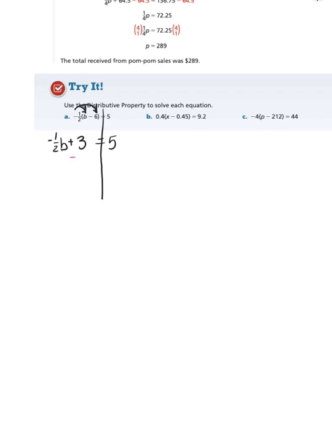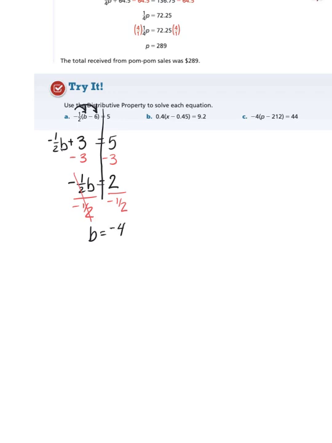I have to subtract the 3 from both sides. That means I'm going to come up with -1/2 b equal to 2. I have to divide by -1/2. So that leaves me with b equals -4.